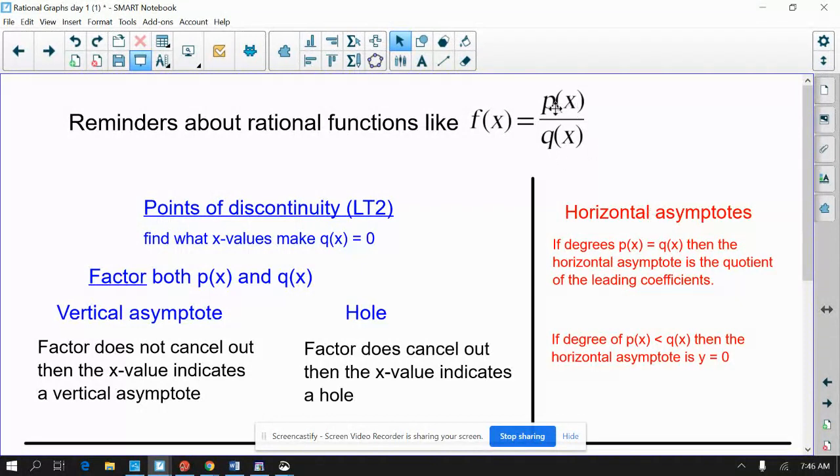If the degree of p, the top one, is less than the degree of q, then the horizontal asymptote is simply y equals 0. And if you're really listening hard, there's another case I haven't really talked about. What if the degree of p is actually greater than q? Then there is no horizontal asymptote.